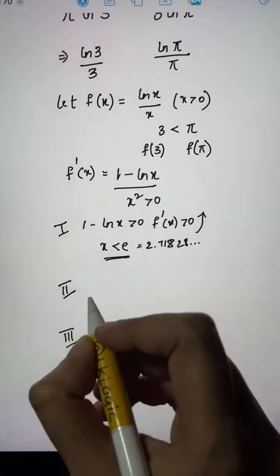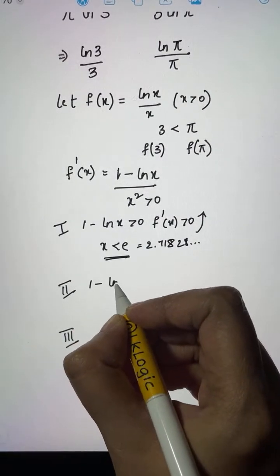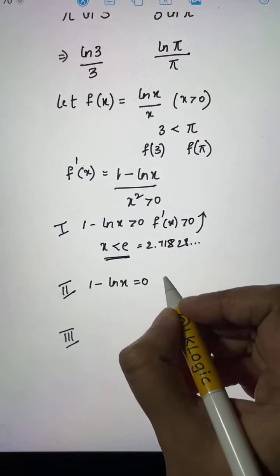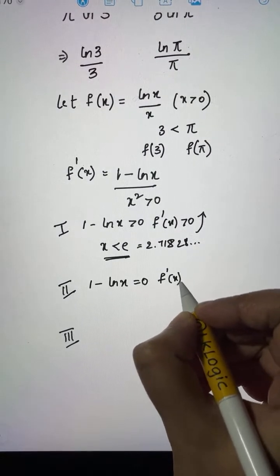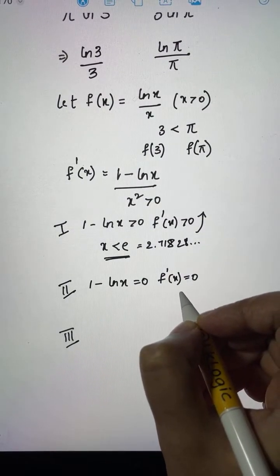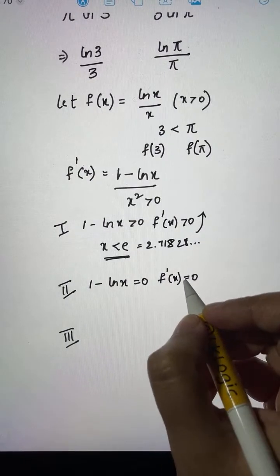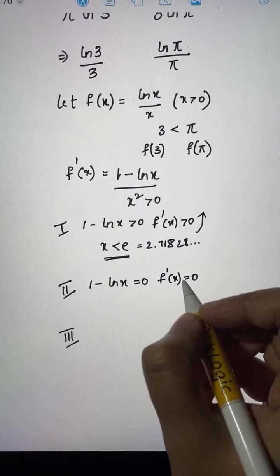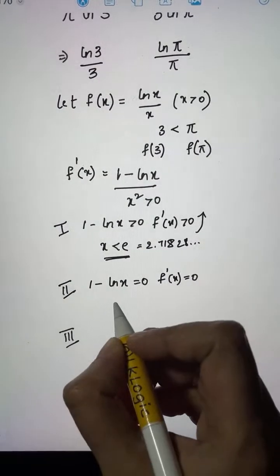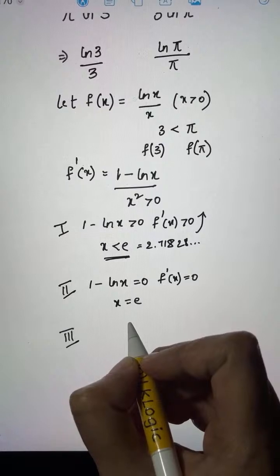Now the next condition is 1 minus natural log of x is equal to 0. So the derivative will be equal to 0, and the function will have an extreme value. We don't know if it is a maximum or minimum, but it will have an extreme value, so x is equal to e here.